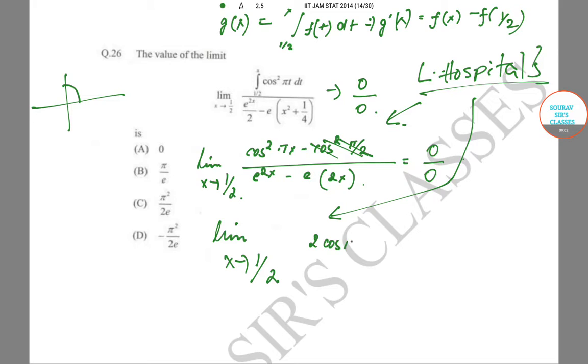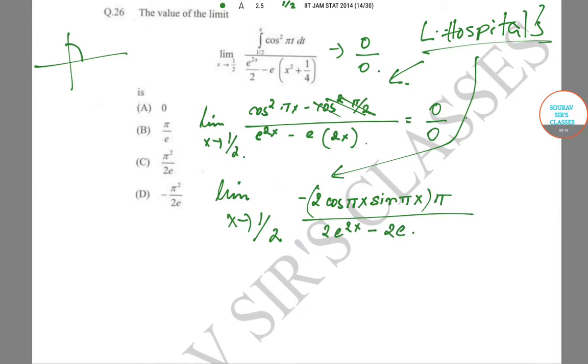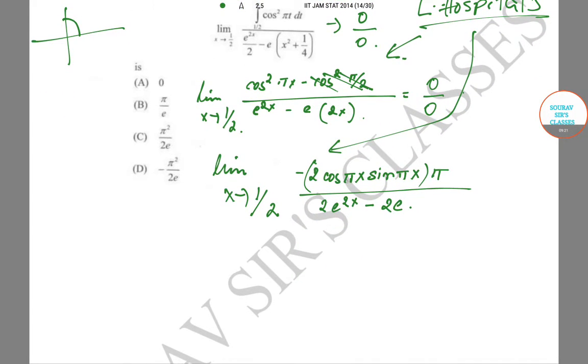2 cos pi x minus sin pi x times pi by 2 e to the 2x minus 2e. As x goes to half, once again cos pi x goes to 0, and we once again have a 0 by 0 form.